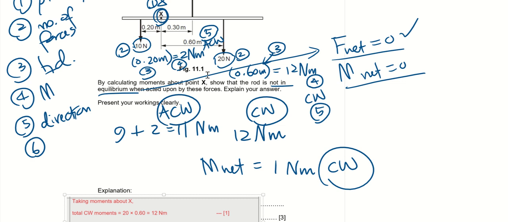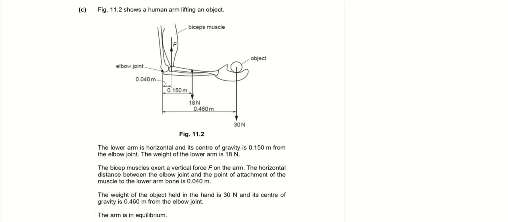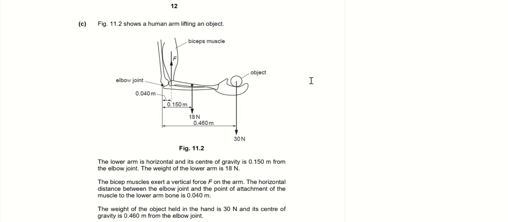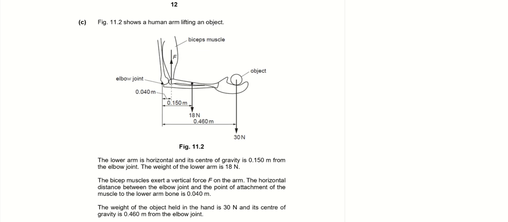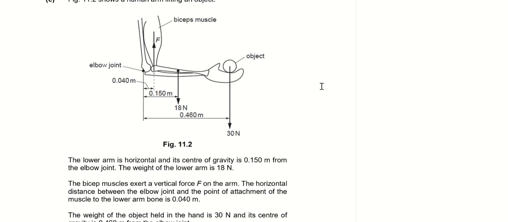Okay, so part C, figure 11.2 shows a human arm lifting an object. Lower arm is horizontal, center of gravity is 0.150 meters from the elbow joint. Looks complicated. Later we mark out the positions. Weight of the lower arm is 18 newtons.